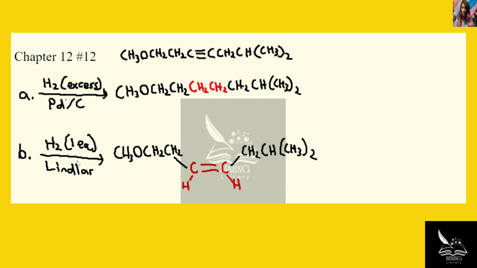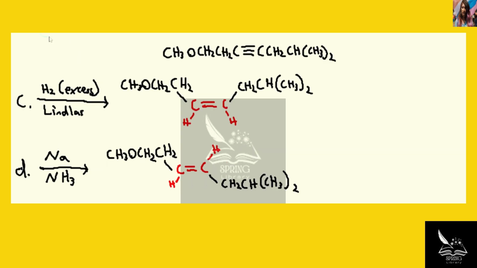But also, just to reinforce that point, we only have 1 equivalent of hydrogen gas. So theoretically, we could only do 1 pi bond reduction anyway. And so that's what I've drawn here, the cis alkene product. And again, the affected carbons are highlighted in red.